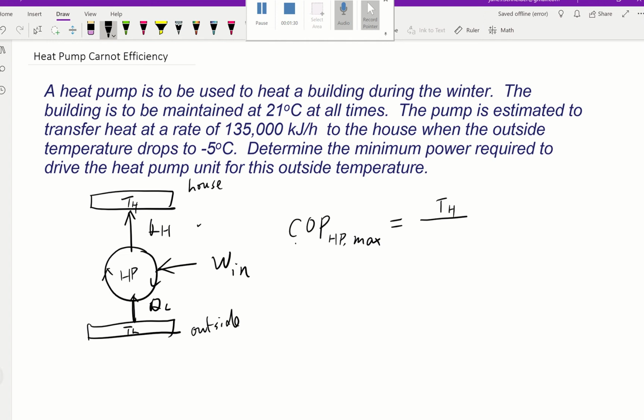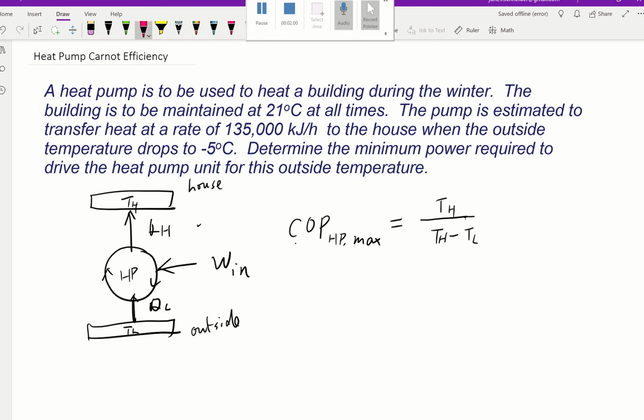And the required work coming in is going to be QH minus QL, so that's TH minus TL. There's a video about the COP for heat pump in the previous one, so take a look at how this equation came up. And once we know that, we can go ahead and find the maximum COP for heat pump.